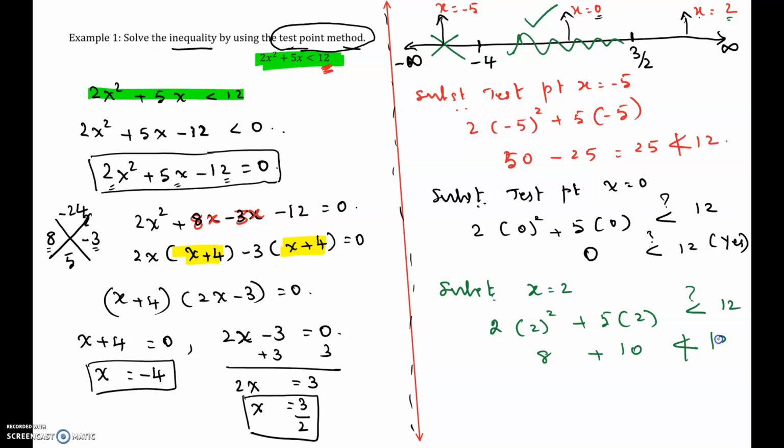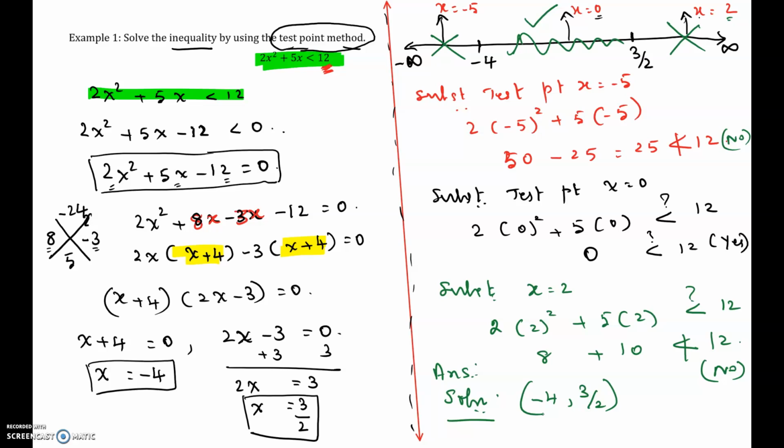It's definitely not less than 12, so that is a no. The first one is a no, and therefore this one is not a solution to the problem. So the solution to this inequality, that is the answer to the problem, is negative 4 through 3/2.